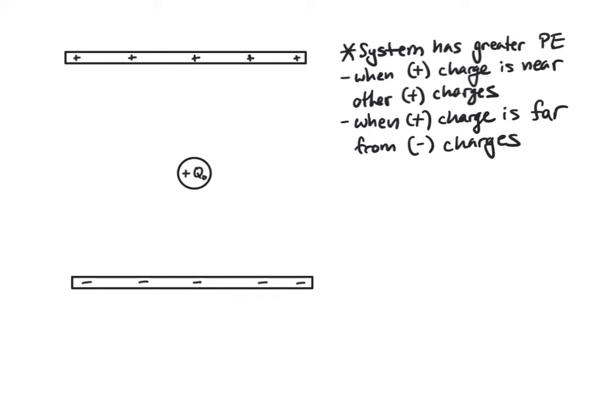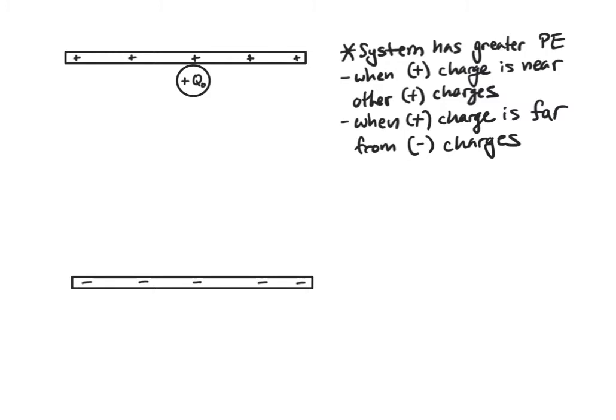If our charge starts out close to the negative plate, once again, we're missing out on this displacement that it could have had. And so when this charge is far away from negative charges, or close to positive charges, it will have a large amount of potential energy because the arrangement of charges is going to conspire to allow this object to experience a force in the direction of its motion for a greater displacement.